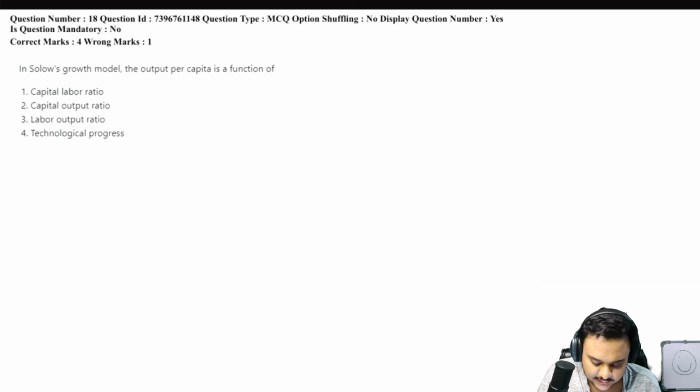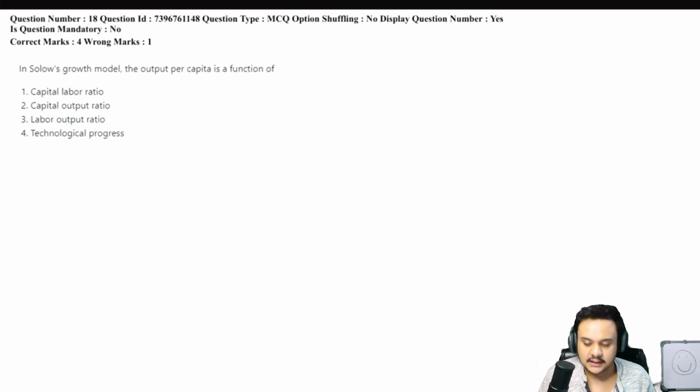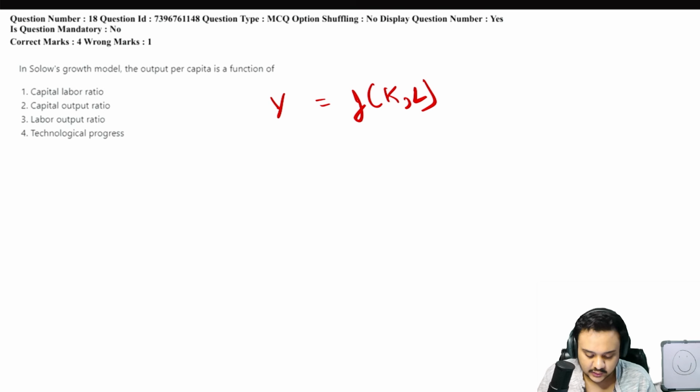Then it says that in the Solow growth model, the output per capita is a function of... Just write down what output per capita is. You have output, which is a function of capital and labor, your two inputs, right? You only have two inputs here. So if you want to find output per capita, you divide both sides by the quantity of labor that you have.